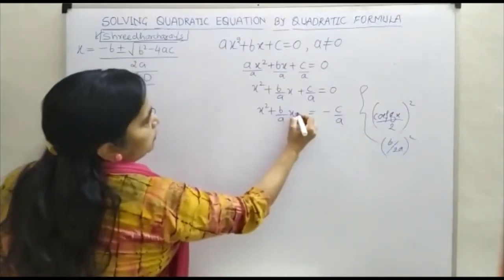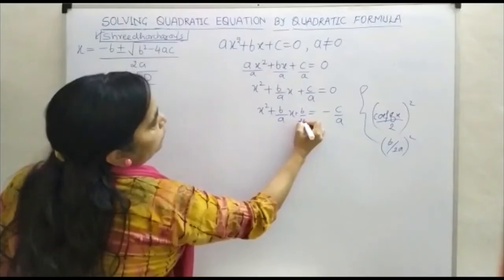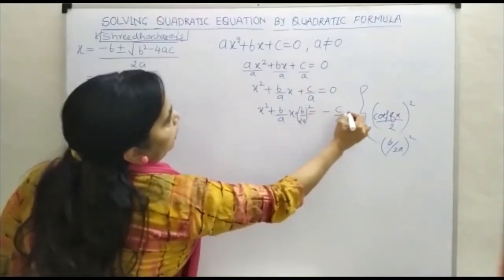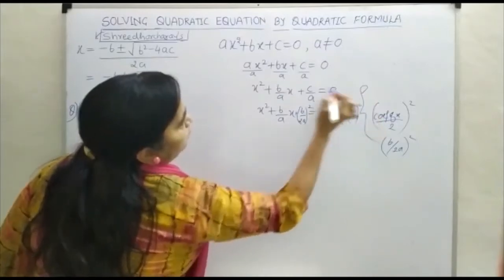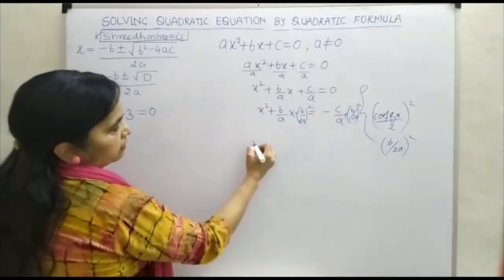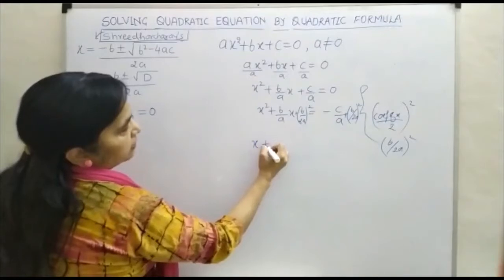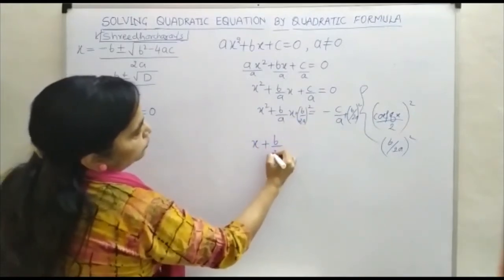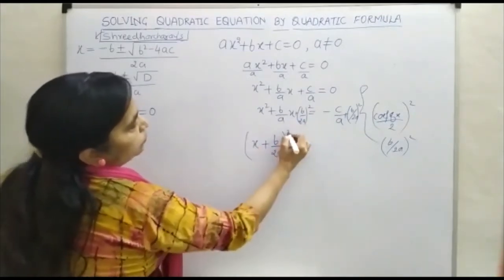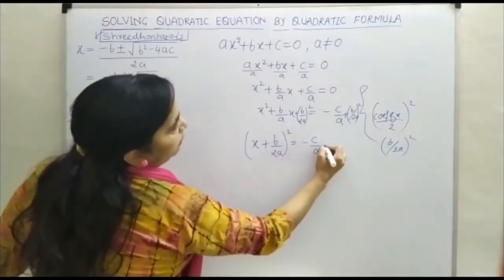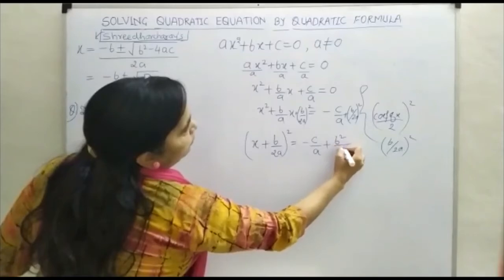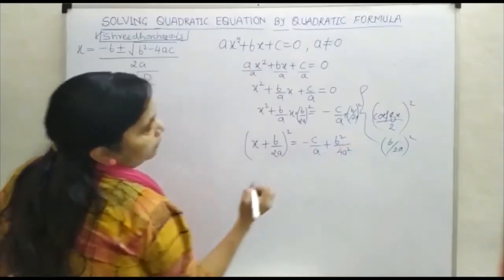You have to add this term both the sides, b upon 2a the whole square. Now taking this middle sign plus, x plus b upon 2a the whole square is equal to minus c upon a plus b square upon 4a square.